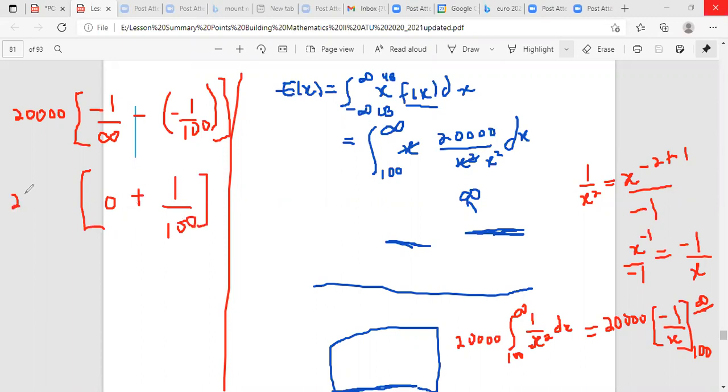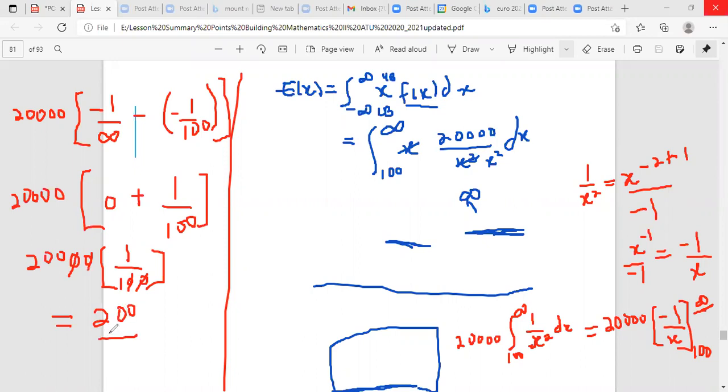You still have your 20,000 outside the bracket. 0 plus 1 over 100 is 1 over 100, times the 20,000 outside the bracket. When we divide 20,000 by 100, 2 zeros cancel out, and we'll be left with 200 times 1, which is equal to 200.